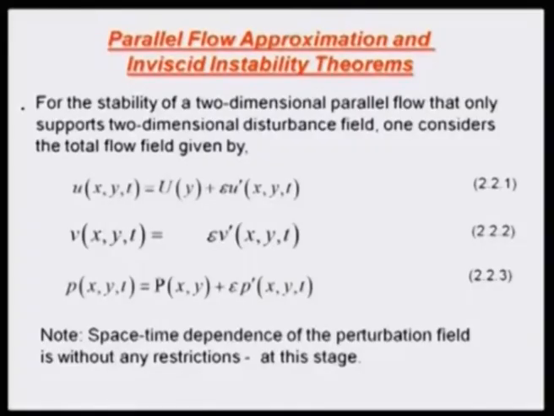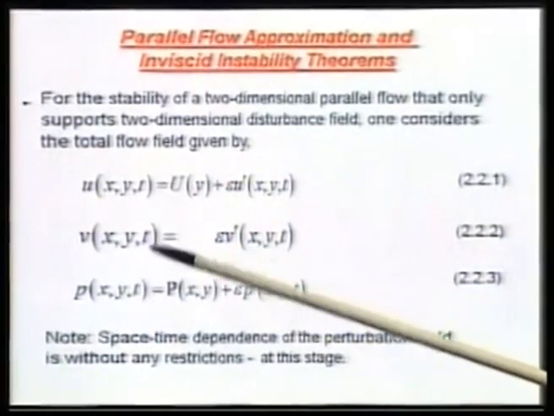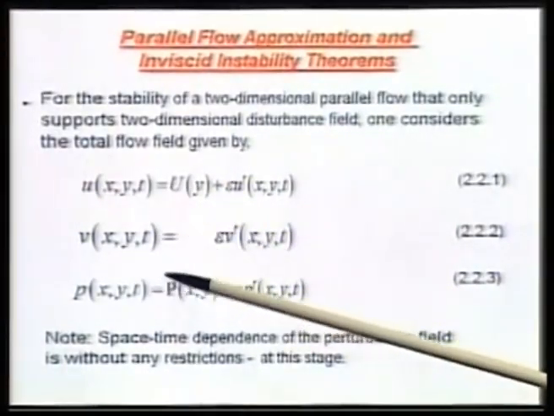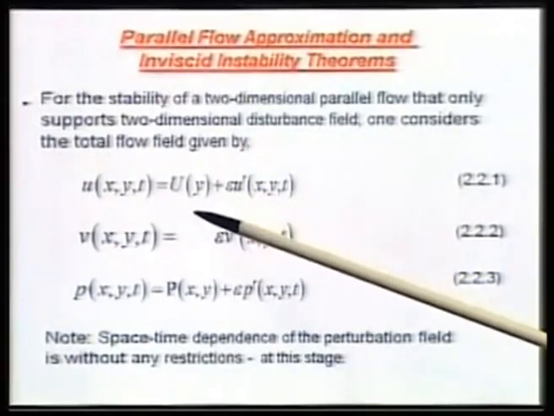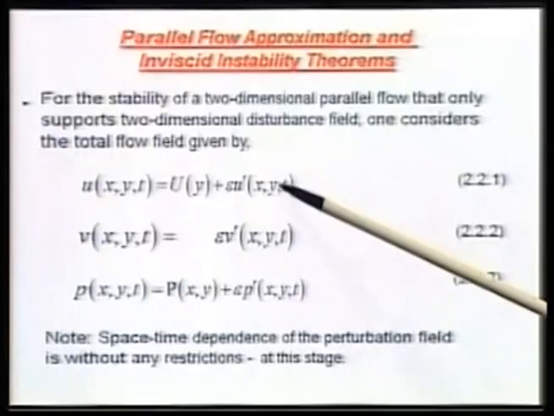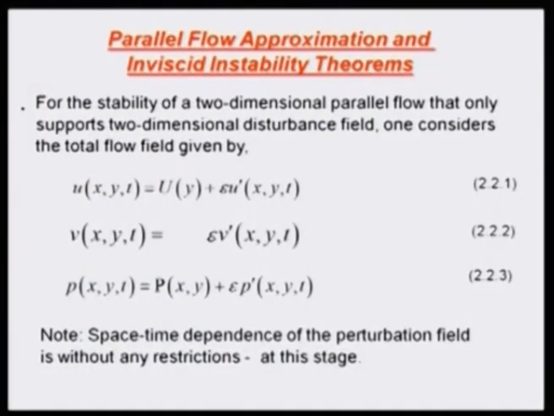So that's why we talk about the total velocity field and the pressure field to be a function of time, while the equilibrium flow could be time independent, but the disturbance quantities have embedded in them all possible kinds of space and time dependence, right? So that is what we are talking about.